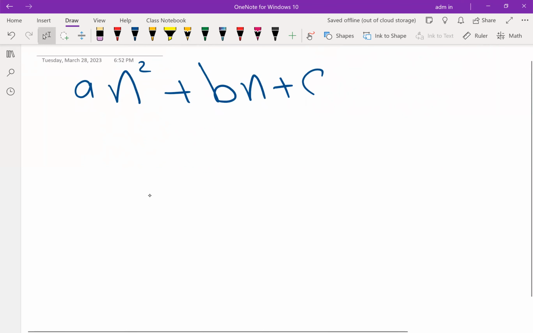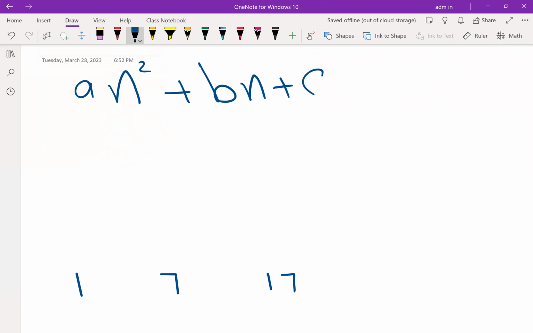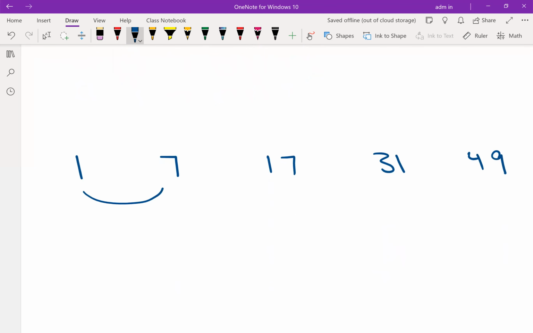The quadratic sequence is 1, 7, 17, 31, 49. We'll try now to get the first difference, which will be 6. The difference is 10.